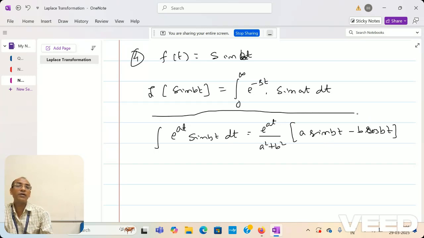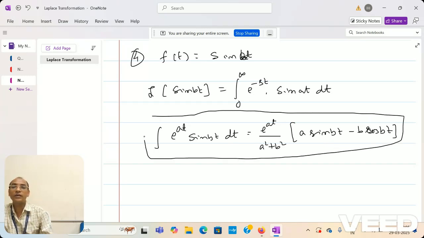So this is the formula I will apply here.